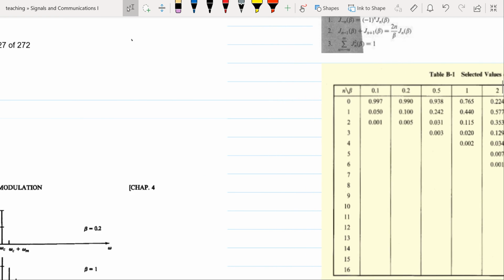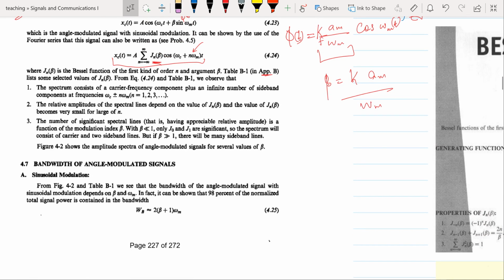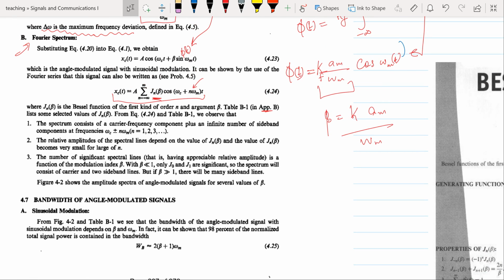So having introduced that concept, there are some observations that we can make regarding this equation, which is now a function of a Bessel function of the first kind. The first one is that the spectrum consists of a carrier frequency component plus an infinite number of sideband components at frequencies defined by omega c plus or minus n omega m, where omega m is the angular frequency of the message.